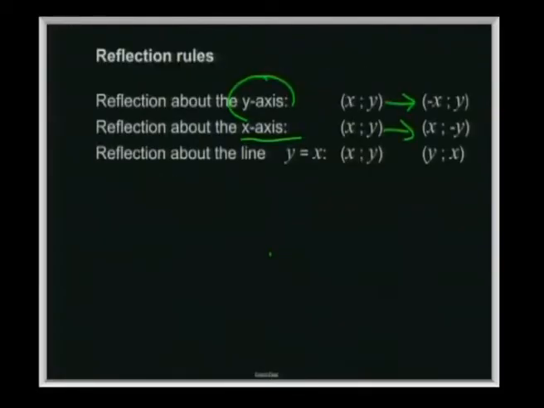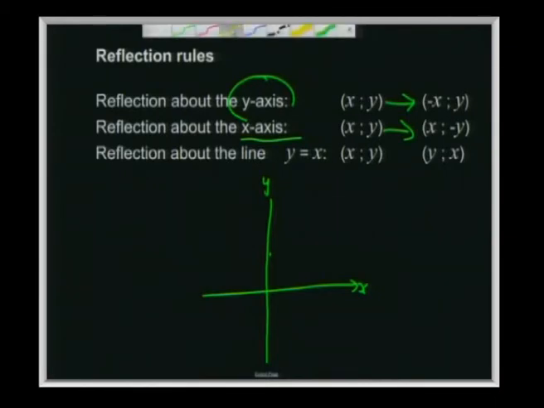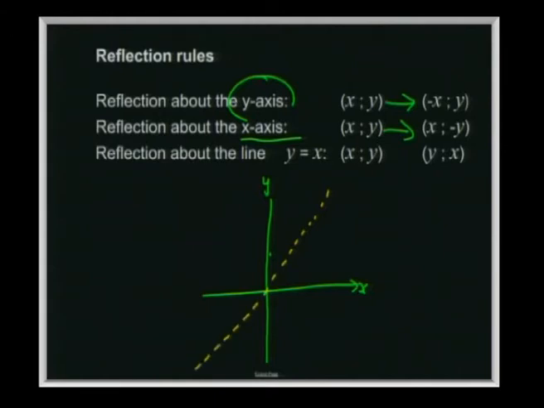Now that's well and good, and that's pretty easy to remember. But now we've got this oblique line, or slanted line, the line y equals x. And I'm going to pull my screen down a little bit so that we can draw it. If I have a Cartesian plane, I'm going to put in my line y equals x over there.